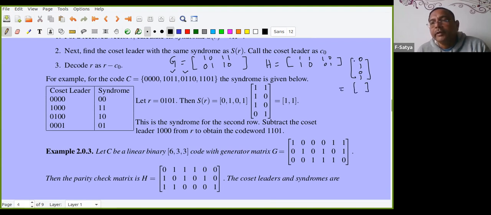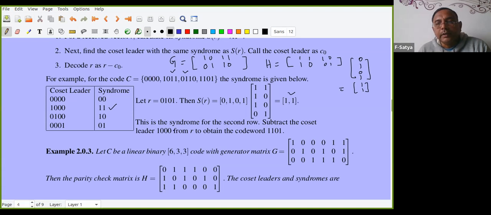In that case, we're going to get 1 1 1 0. 1 into 0, 1 into 1, 1 into 0, 0 into 1, so I'll get 1. 1 into 0, 0 into 1, 0 into 0, 1 into 1, that is 1. We got this. But where is 1 1? It is here. Now I subtract this coset leader from here.